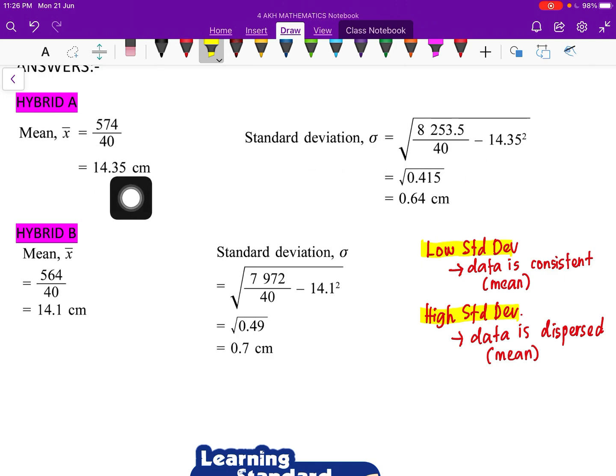Okay, jadi hybrid A ni dah lah kelopak dia besar dan dia konsisten. Kebanyakan bunga dia memang kelopaknya besar.